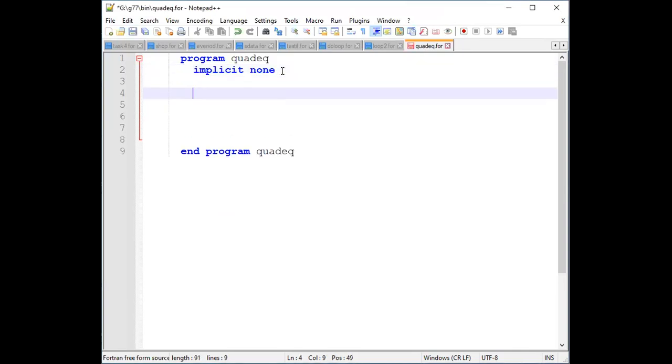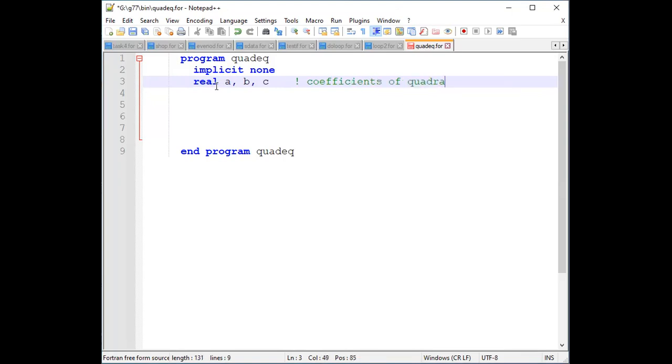So for input variables, as I mentioned, you should follow the standards of Purdue University for documentation of programs. So you must have real values for A, B, and C. These are the coefficients of quadratic equation, right?